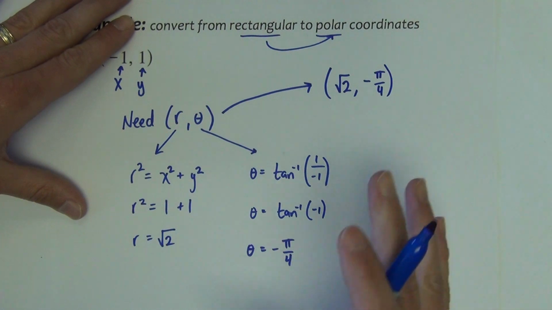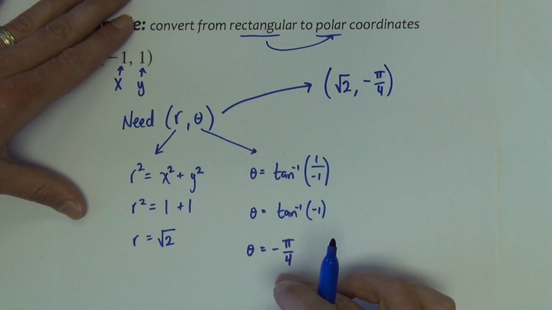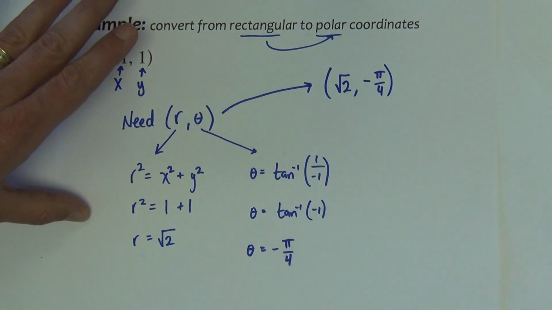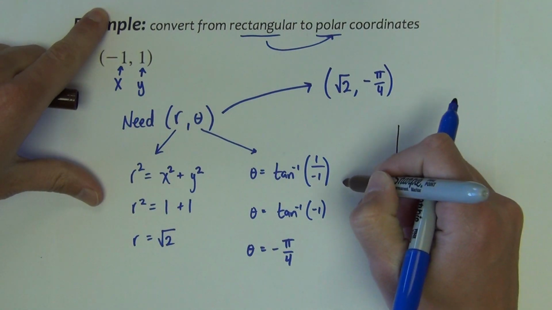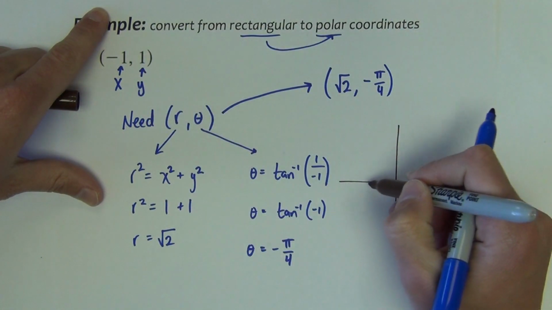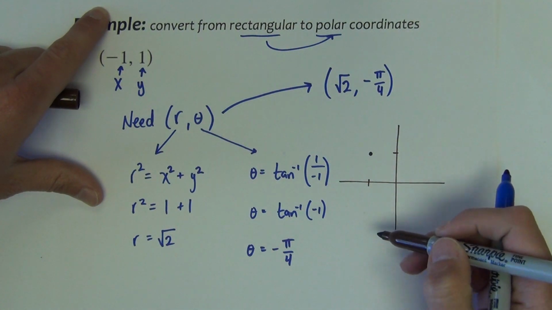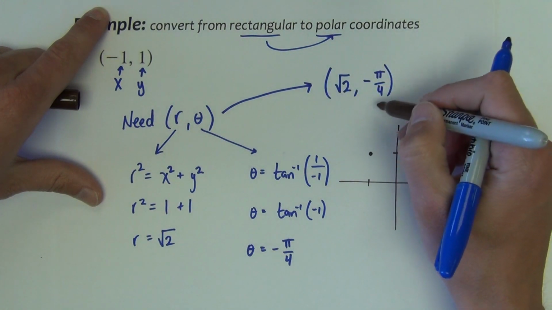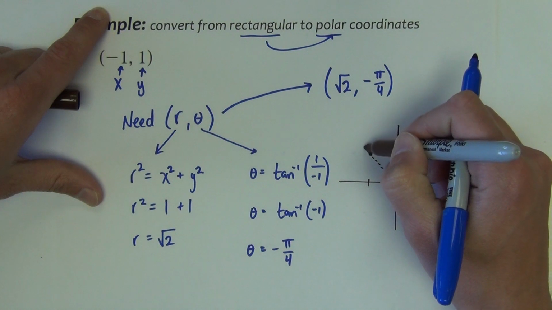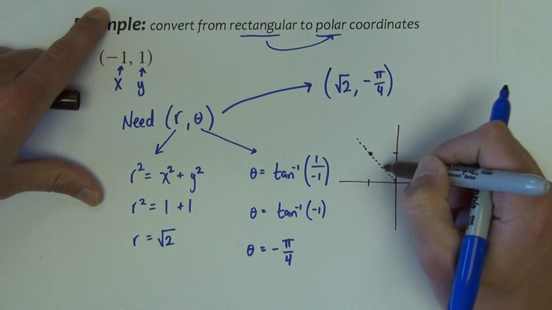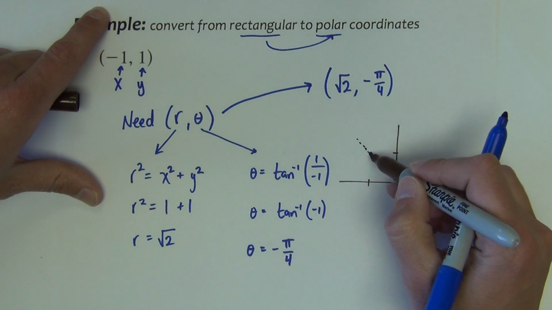Now, we've been becoming real accustomed to checking angles to see if they make sense in the context of problems. Let's see if this negative pi over 4 would make sense. The rectangular point -1, 1 plots here. Okay, so I need some sort of polar point that plots here. So let's think of this as a polar coordinate system. We've got the concentric circles right here. Is the point here?